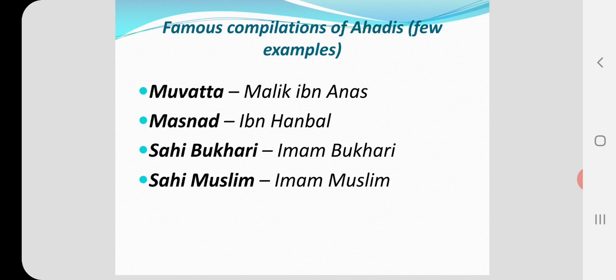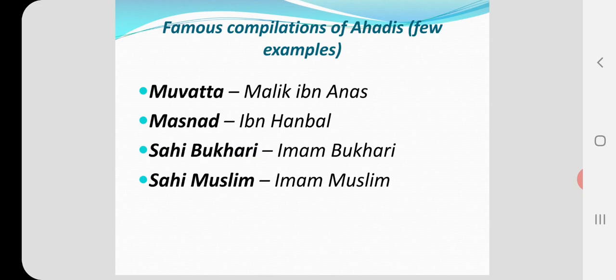This was compiled by a person whose name was Imam Bukhari, a learned author. Sahih Muslim is also a very popular and dependable compilation. This is known as Sahih Muslim, which was compiled by one learned author whose name was Imam Muslim.